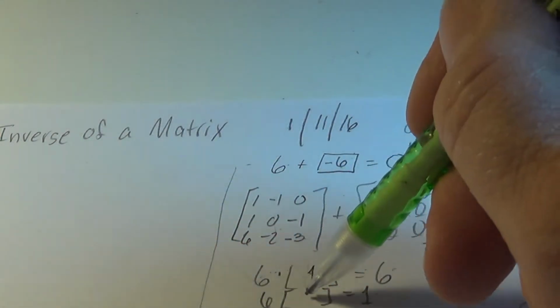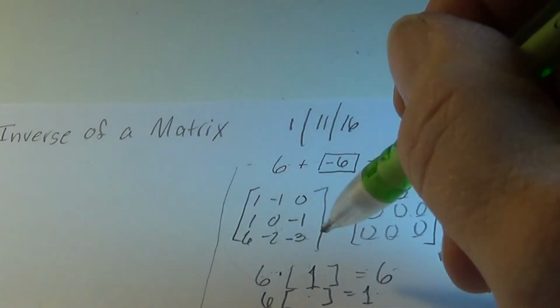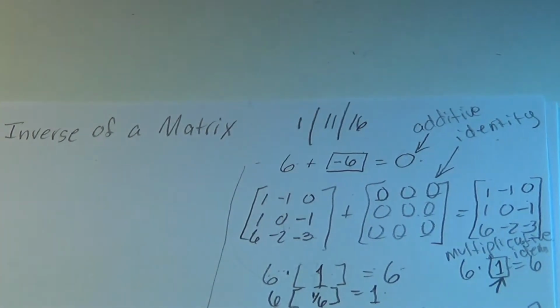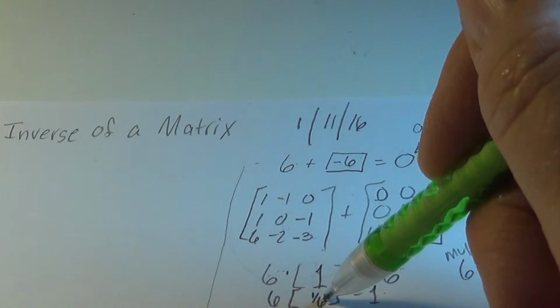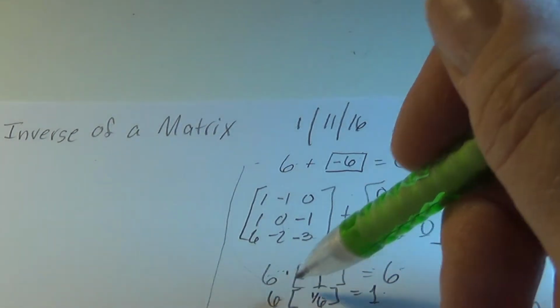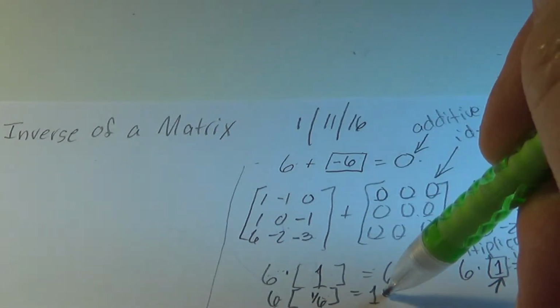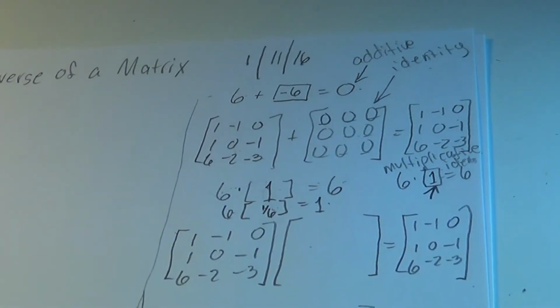So 6 times something will give me that multiplicative identity 1, and from our experience, we know that 6 times 1/6 is 1. So 1/6 is called the multiplicative inverse of 6. When I multiply 6 times its multiplicative inverse, I get the identity for multiplication. Fancy words for unfancy ideas.